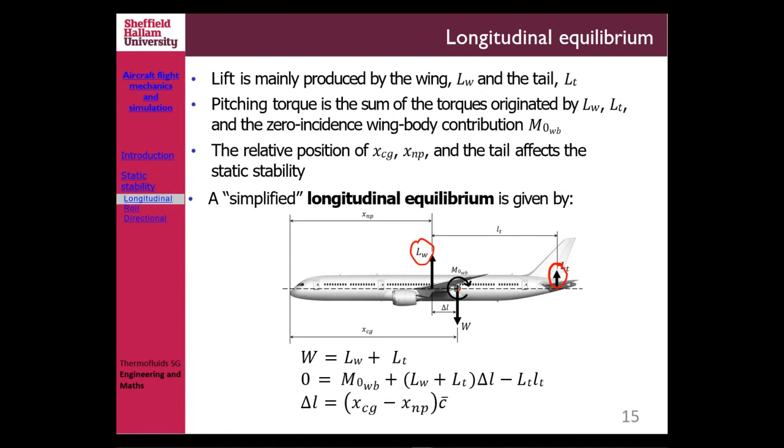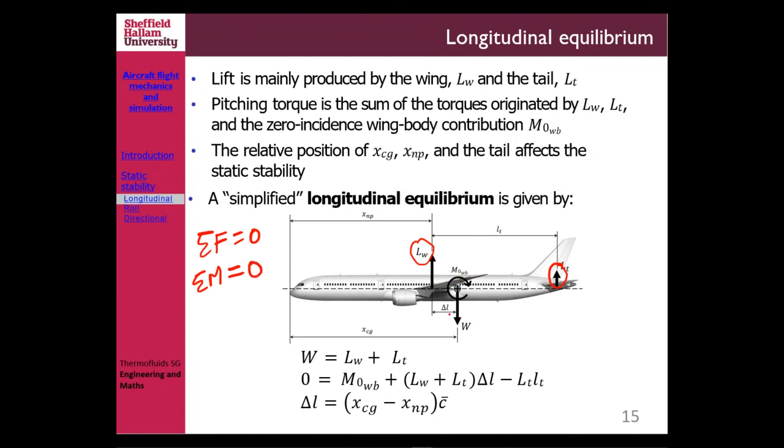That moment is the inherent pitching moment already there because of the existence of the airfoil of your wing and body of your aircraft, right? Now, obviously, in steady state, we know that sigma F should be 0, right? And the moment around CG, or sigma moment, should also be 0.